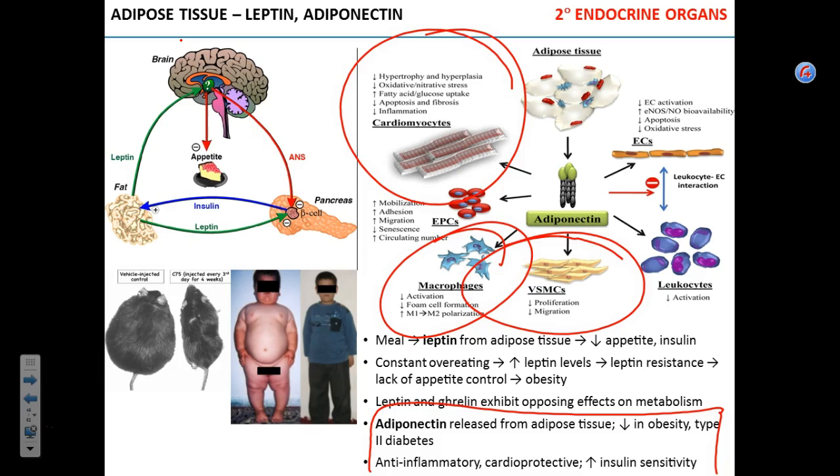Does that make sense? So in mice, if mice are diabetic and you give them adiponectin, they lose weight, and their cardiac symptoms become better. Okay? You take any diabetic mouse, you look at levels of adiponectin, they're low.